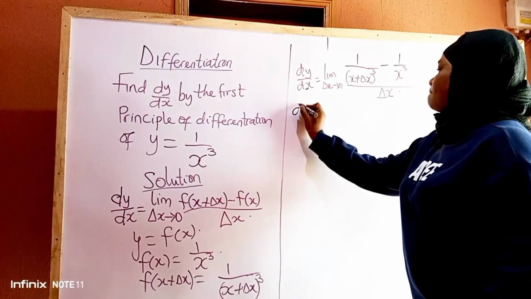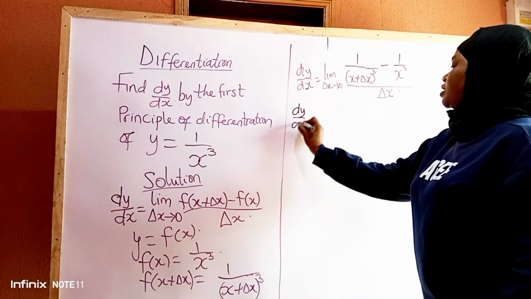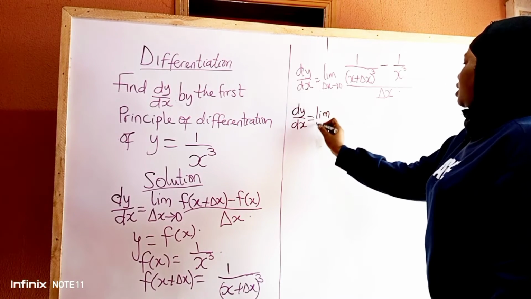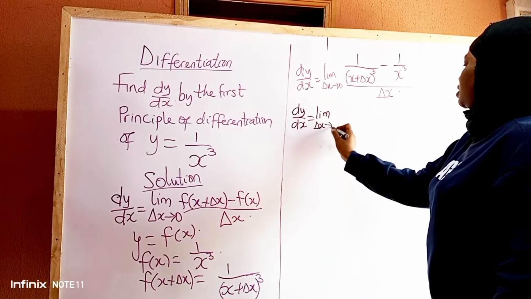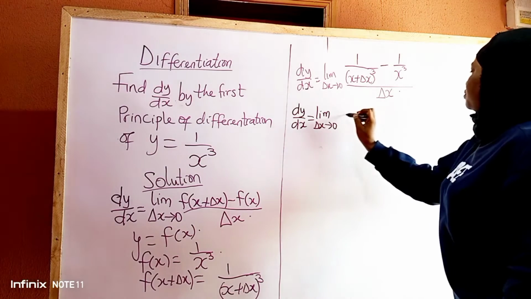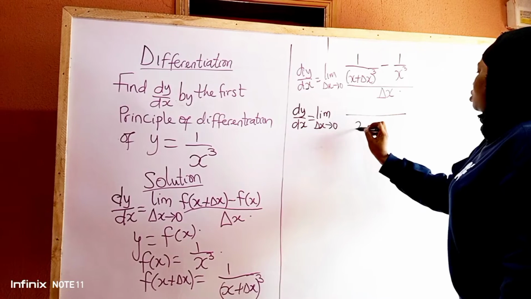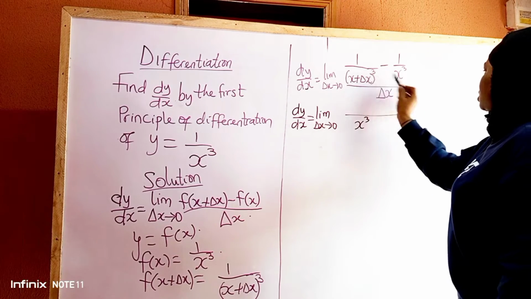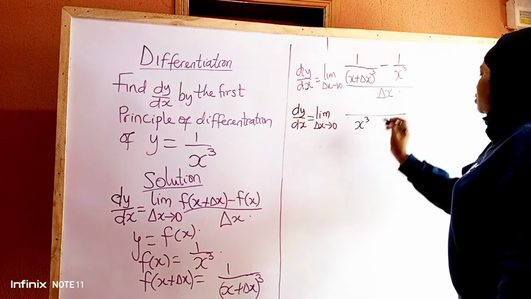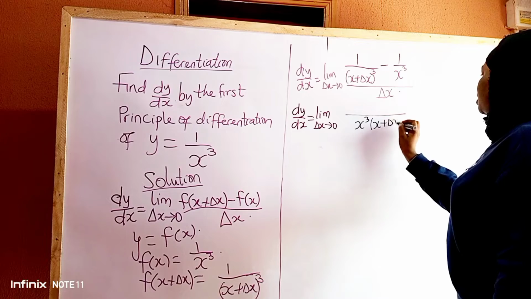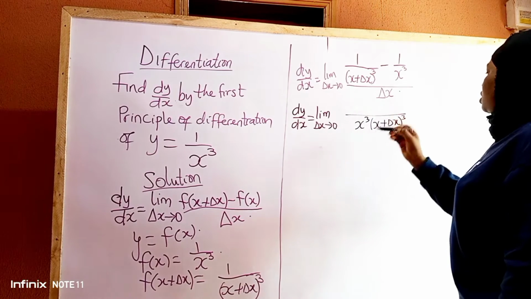dy/dx is equal to the limit as change in x tends to 0. So if you simplify this one, we have: you multiply everything with the denominator of this numerator, x cubed multiplied by x plus change in x cubed.